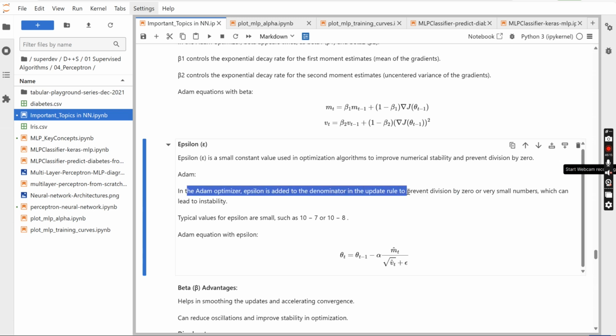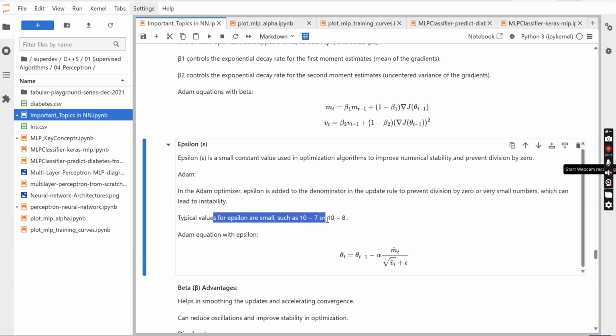Epsilon is added to the denominator in the update rule to prevent the zero division error that may lead to instability. Typical values are 10 to the power of minus 7.